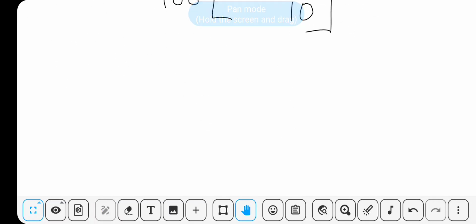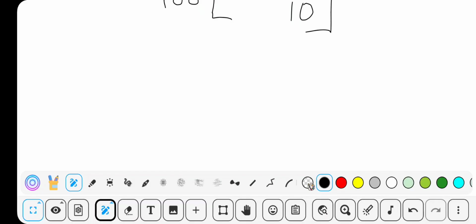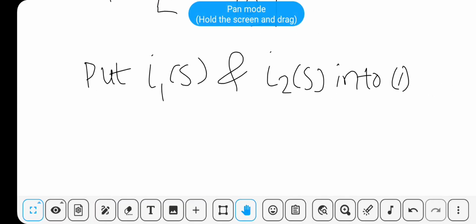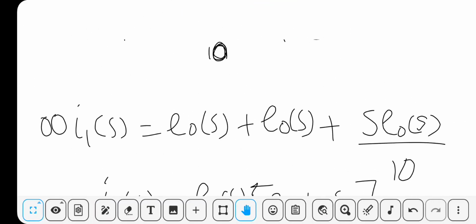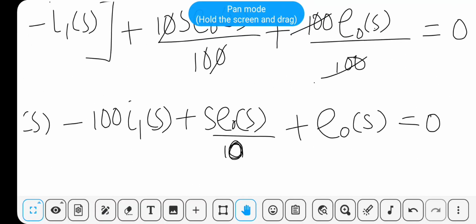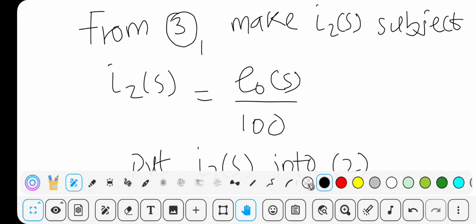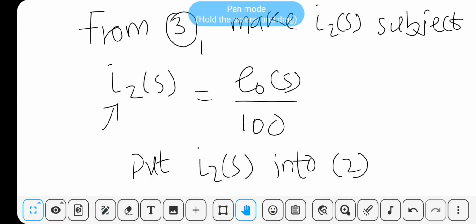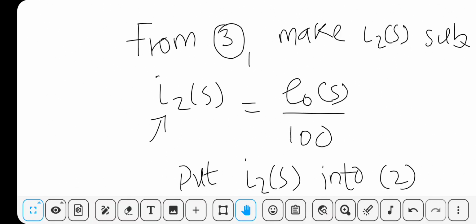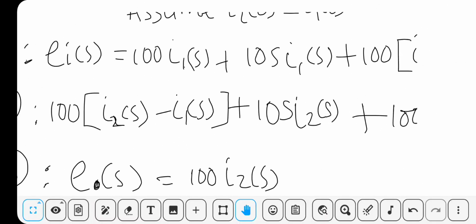So now put the value of I1 of S and I2 of S into equation 1. That's this value and this value. So putting it into equation 1, which is, where's equation 1?